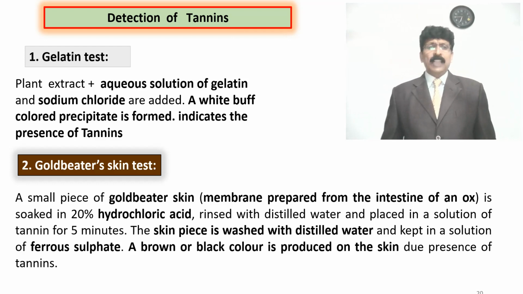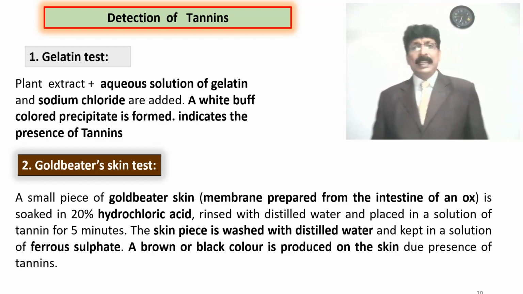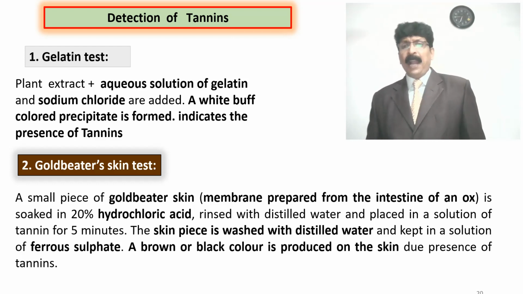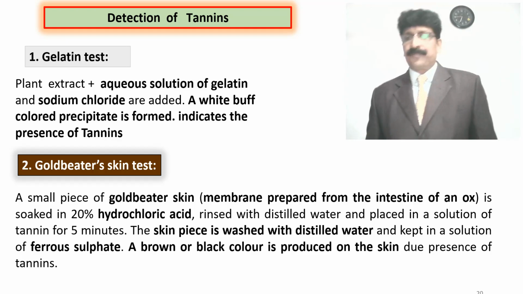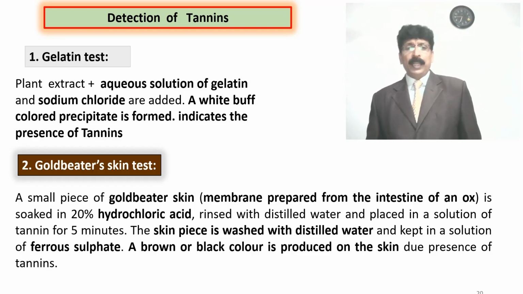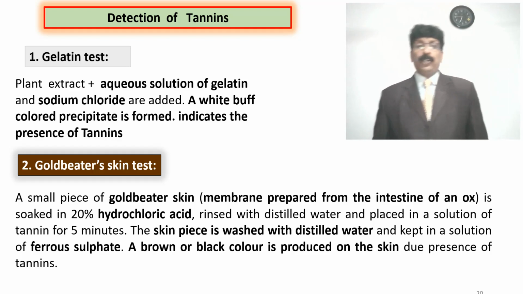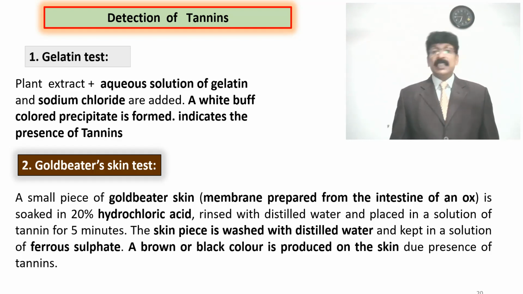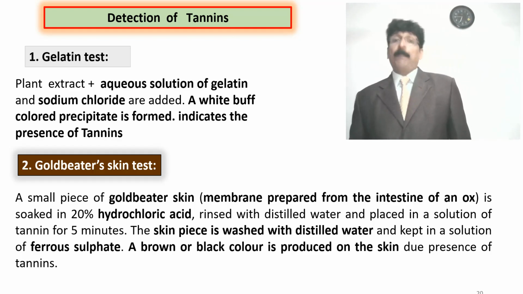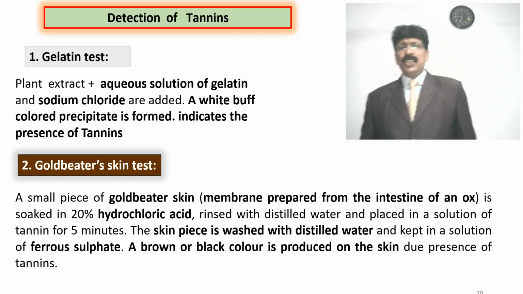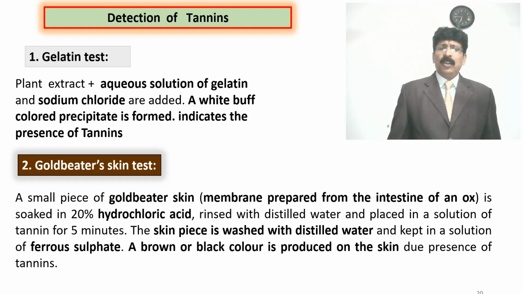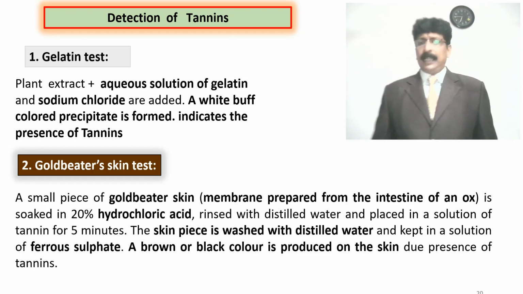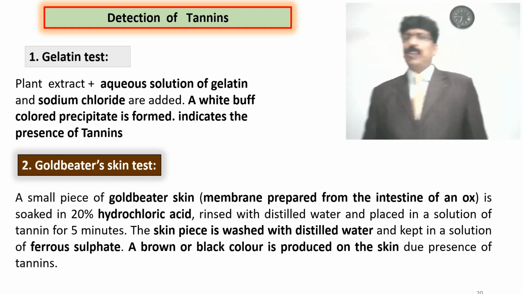A small piece of gold beater skin, that is a membrane prepared from the intestine, not skin, the intestine of an ox, is soaked in 20% hydrochloric acid, rinsed with distilled water and placed in a solution of tannin for 5 minutes. The skin piece is washed with dilute water again and kept in a solution of ferrous sulfate.